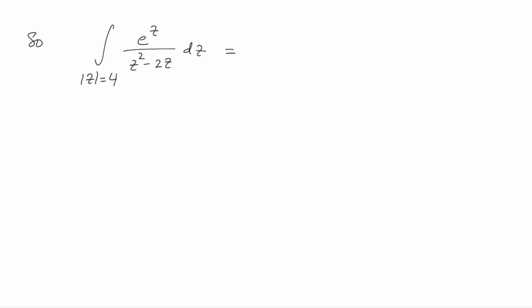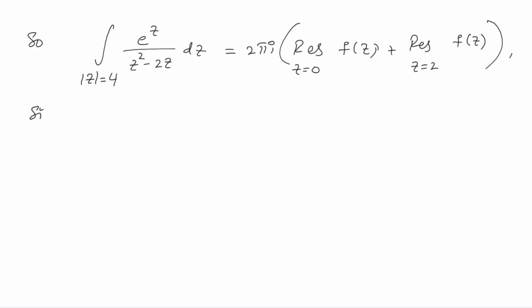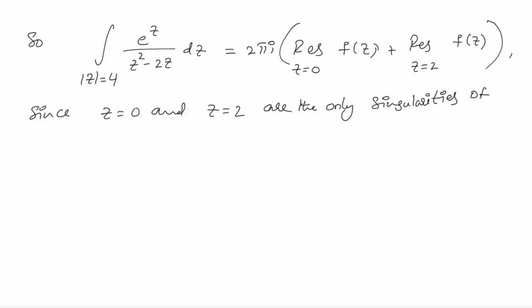So it is nothing but 2 pi i times the residue of f of z at the point z equal to 0 plus the residue of f of z at the point z equal to 2, since z equal to 0 and z equal to 2 are the only singularities, and in fact these two are poles of f of z inside gamma.